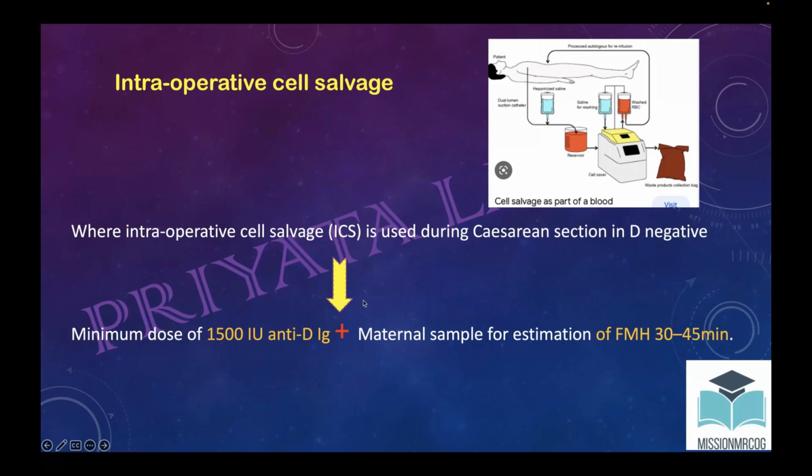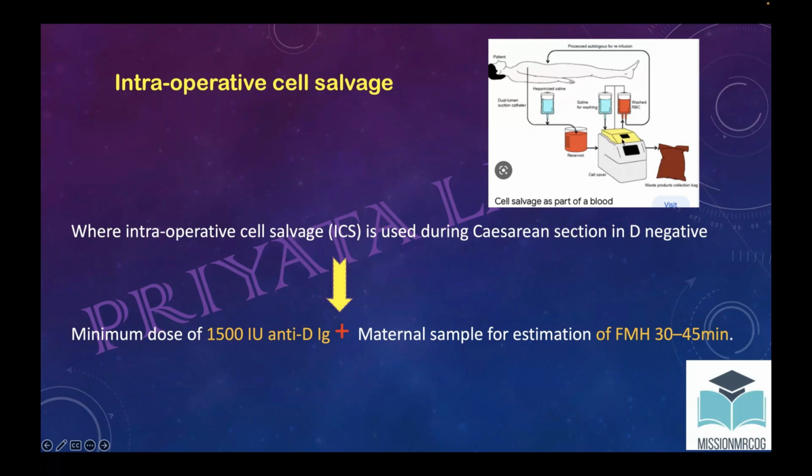You can just see the fetal cell salvage is going on. What is usually done, if the patient is like a Jehovah's Witness, they will not accept blood products. In that situation, blood is taken from the patient's body, then washing and filtration are done, and it is retransfused. So this is a cell saver machine. It is also called autologous transfusion.